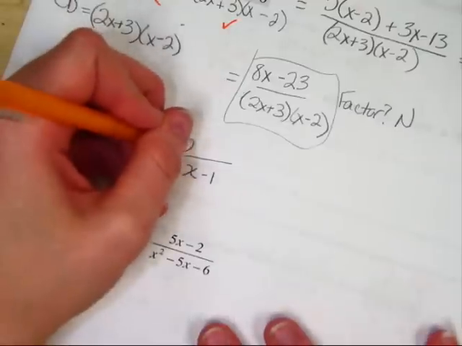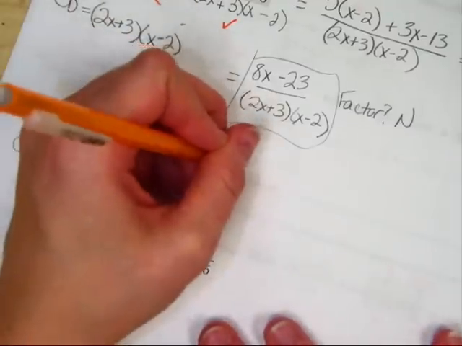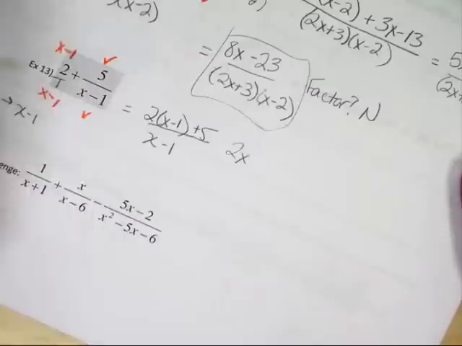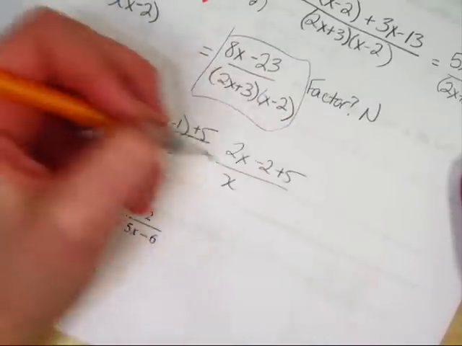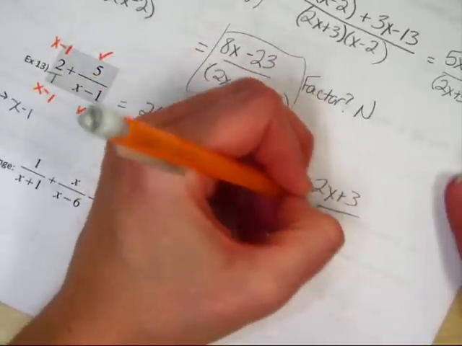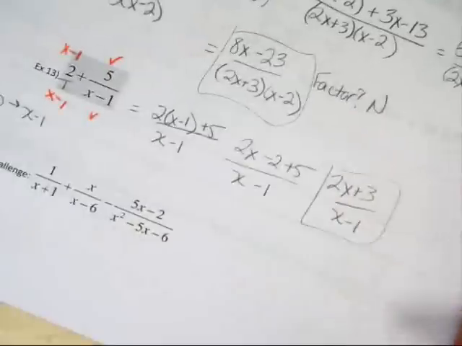The 2 goes with parentheses with x minus 1, and then you keep the 5, and it didn't need anything. So we get 2x minus 2 plus 5 over x minus 1, and then we get 2x plus 3 over x minus 1. Nothing factors, nothing reduces, so I'm all done.